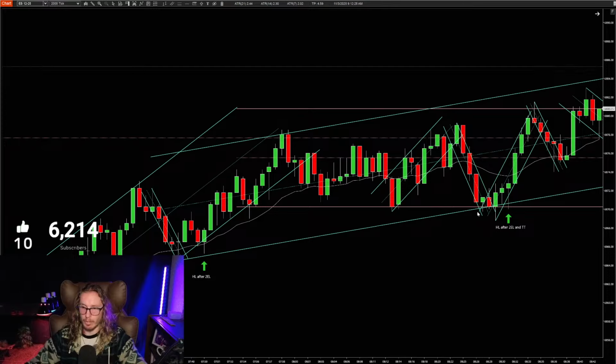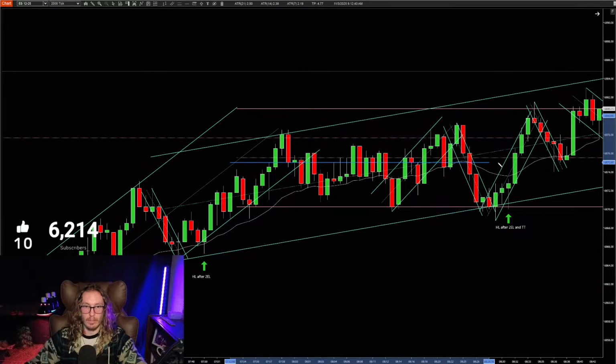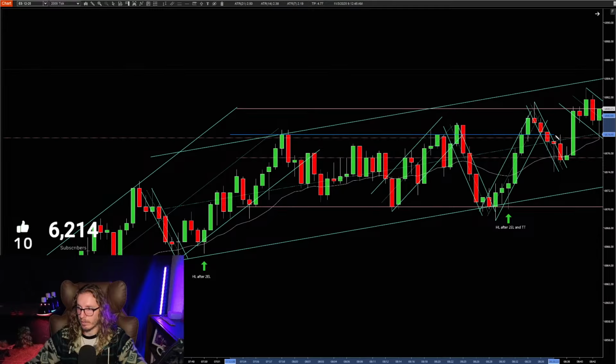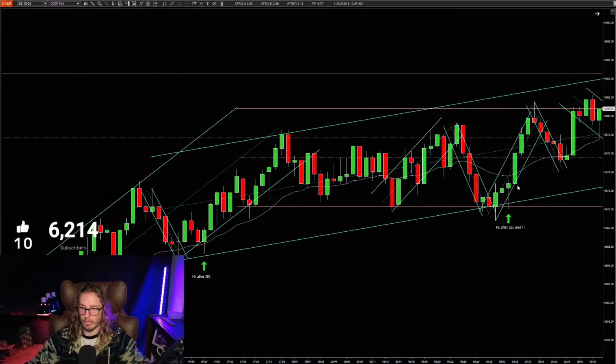We're off the lows of the range. We're bouncing off support. We got a higher low, triple test, higher low after the second entry long, close outside, new low. Everything is telling me that a long is a smart idea here. And we have room to get to the highs of here, right? At the time, you have room to that high. So plenty of reasons to like a trade there.